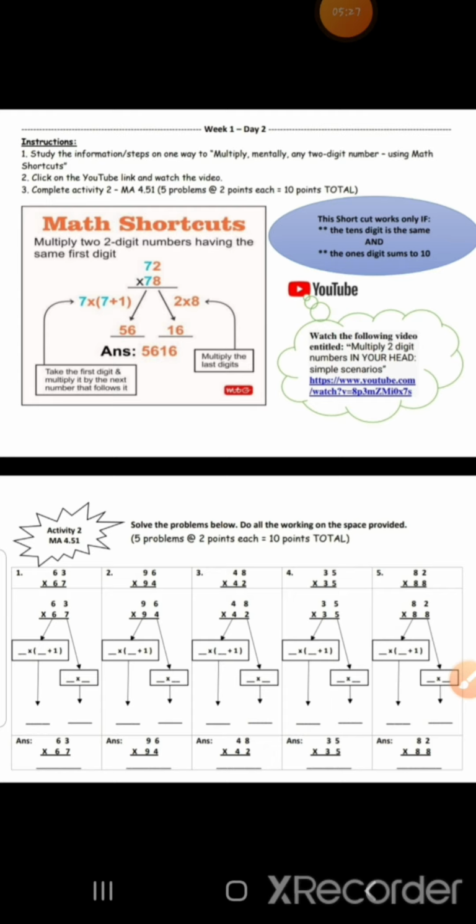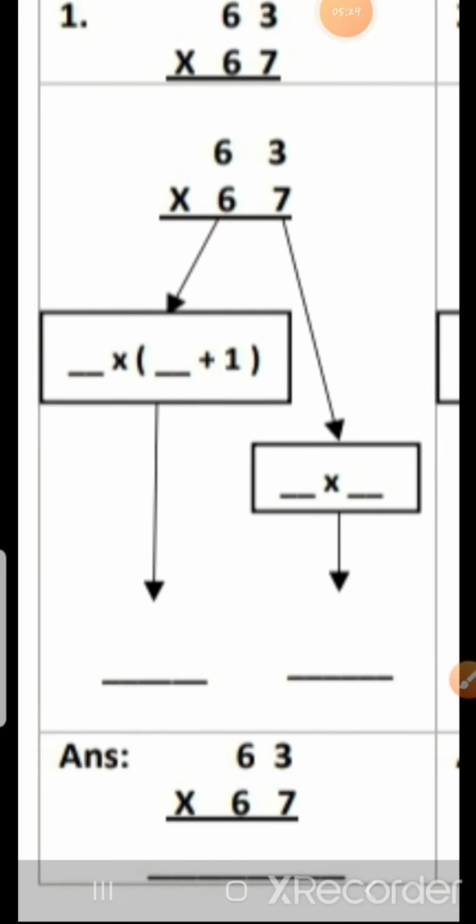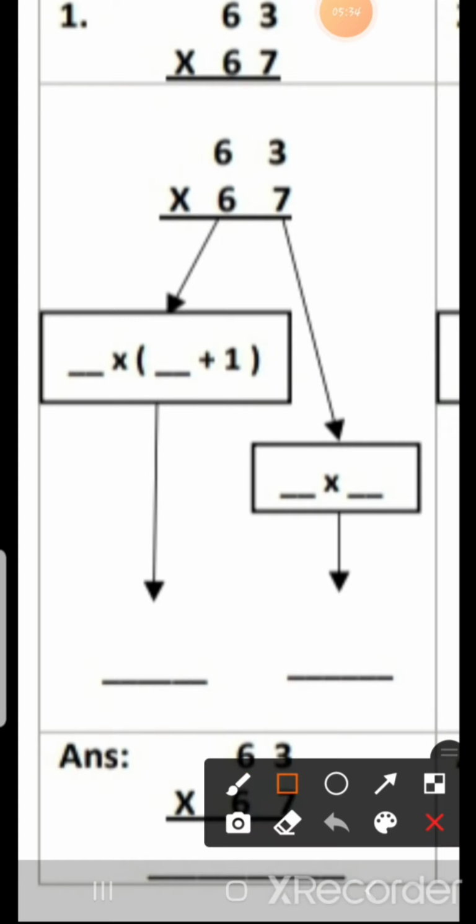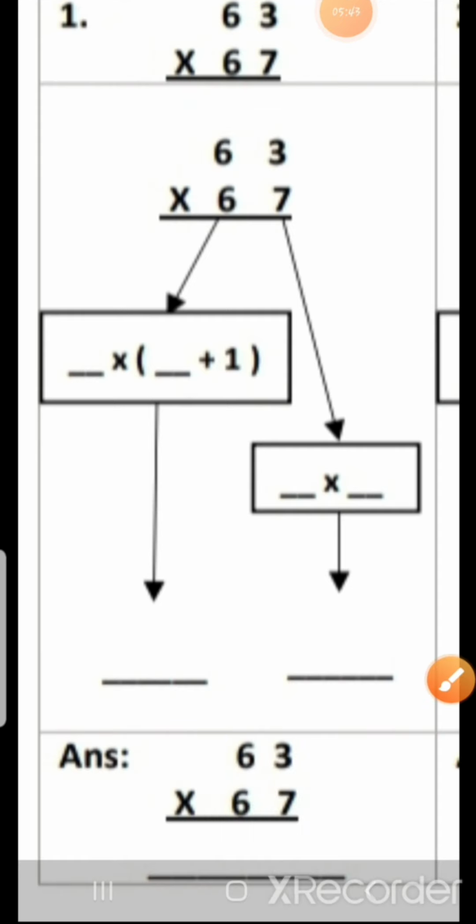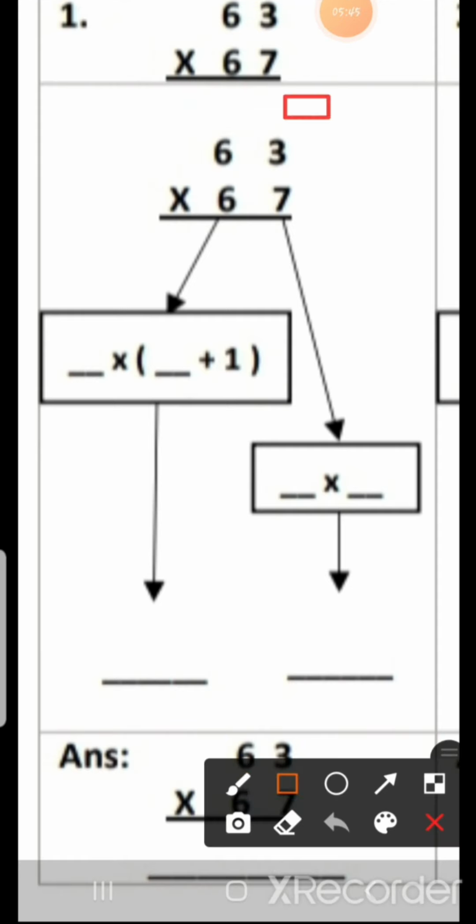So let's take a look at number 1 for activity 2. We have 63 times 67. Immediately when you see a number such as this one, 63 times 67, you know that the tens place numbers are the same. 6 and 6 are the same.